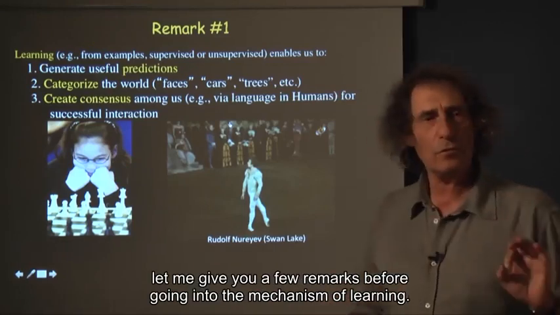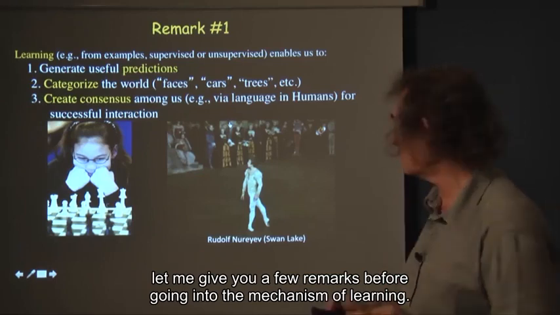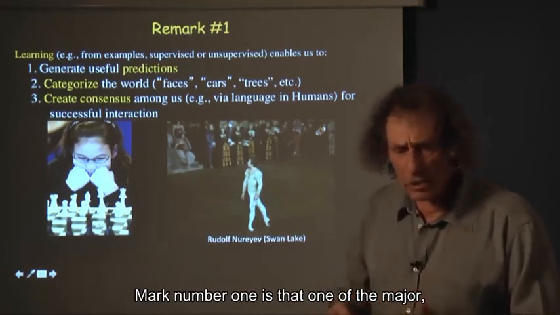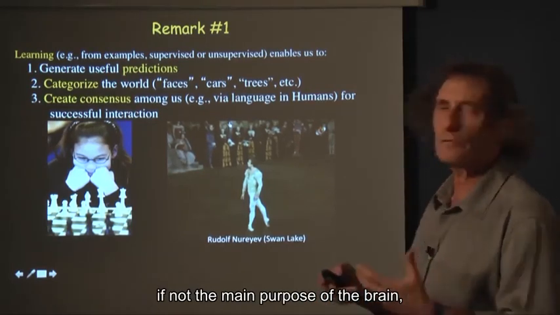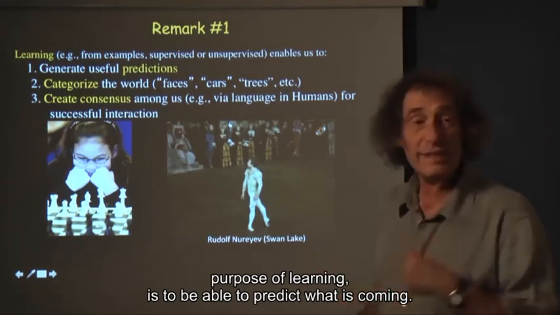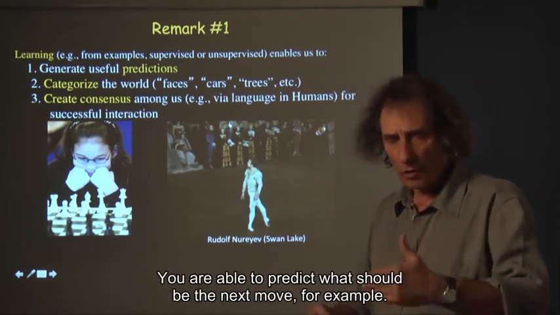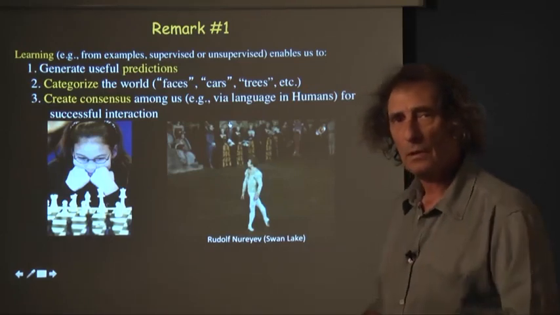But let me give you a few remarks before going into the mechanism of learning. Remark number one is that one of the major, if not the main, purposes of the brain, purpose of learning, is to be able to predict what is coming. So you learn, and you are able to predict what should be the next move, for example.